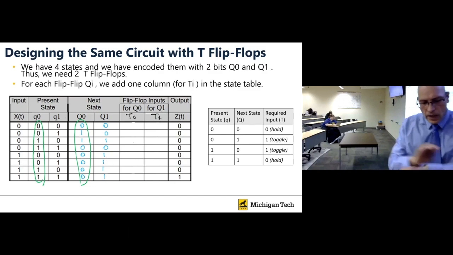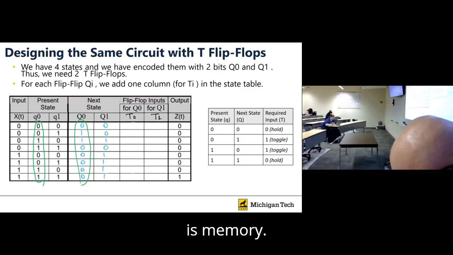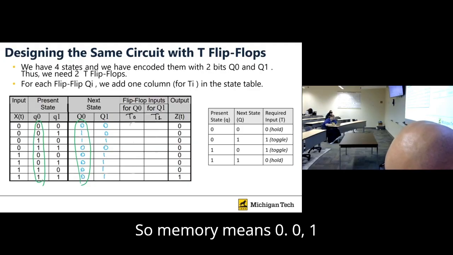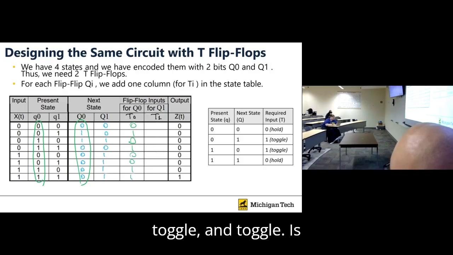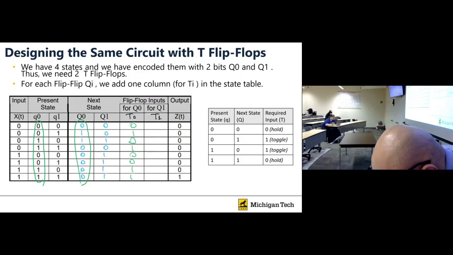First 0, 0 is memory, so memory means 0. 0, 1 is toggle, 1. 1, 0, toggle, 1. 0, memory, 0, memory, toggle, and toggle. Is that right?